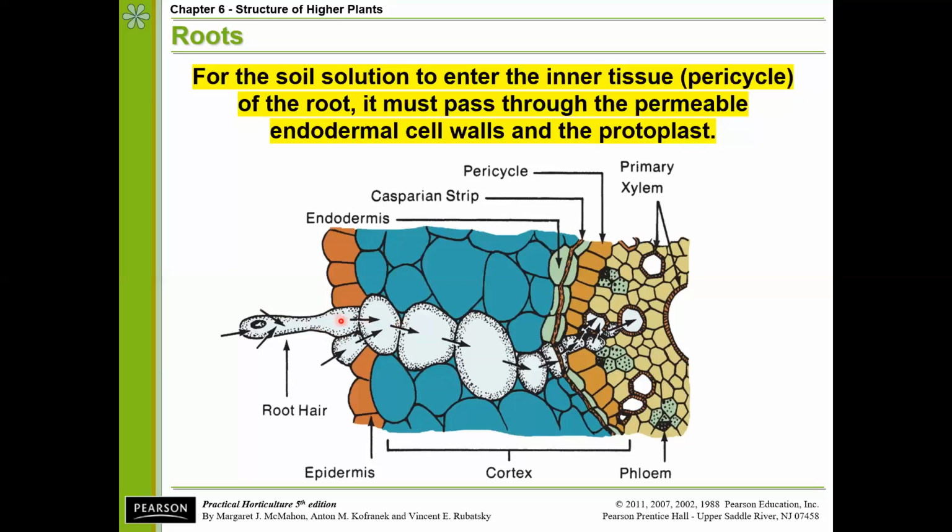But they're going to basically transfer from the root hair through the epidermis and through the cortex and into, not necessarily into the phloem itself, but in between the phloem and these different membranes into eventually the xylem. So that's how water and nutrients get from soil into the plant.